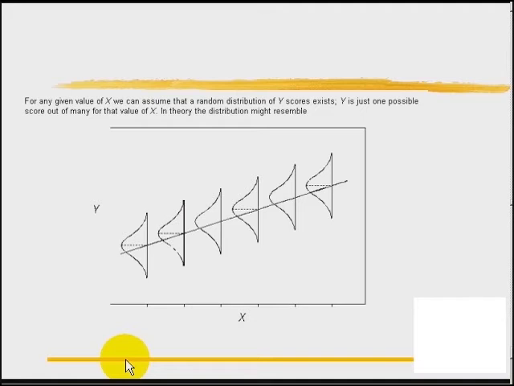And then we also looked at how we predict an individual score for an individual patient, and we looked at the difference in the size of the confidence intervals depending upon whether you were trying to estimate the score on Y for the sample or whether you were trying to predict an individual score.